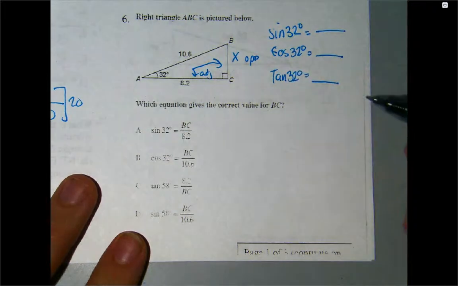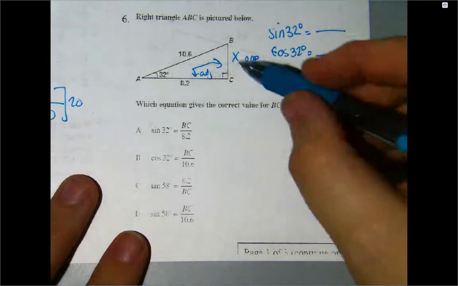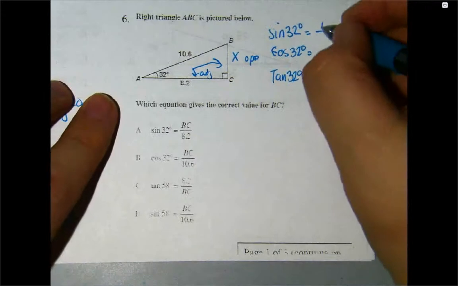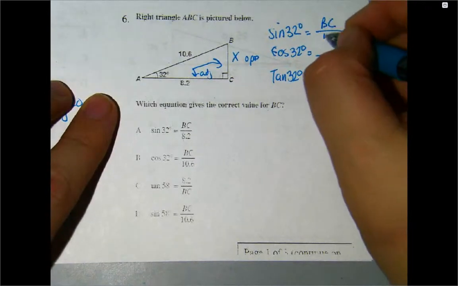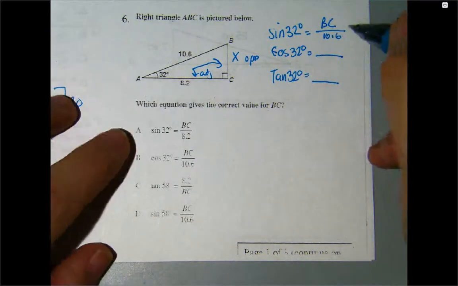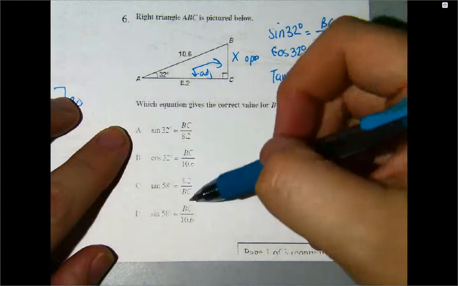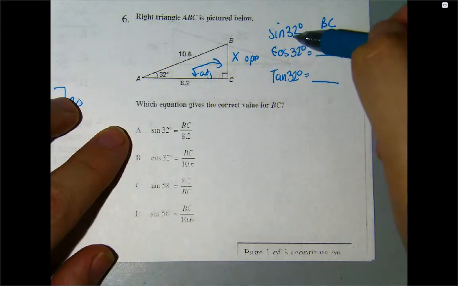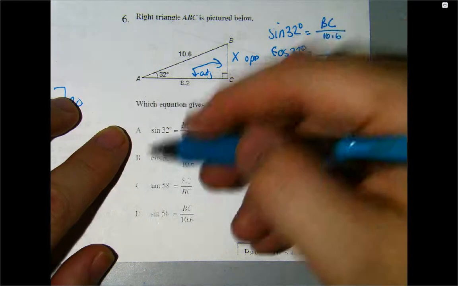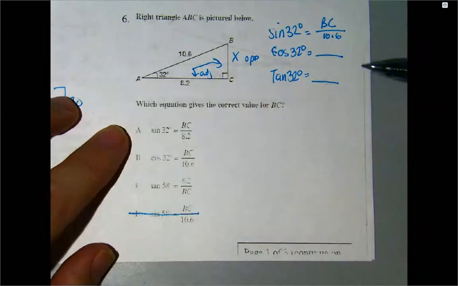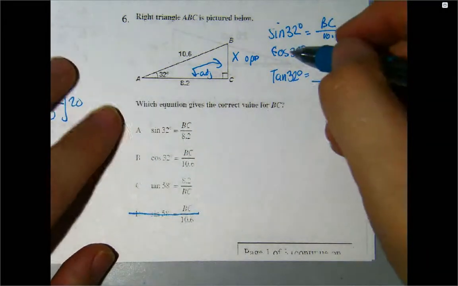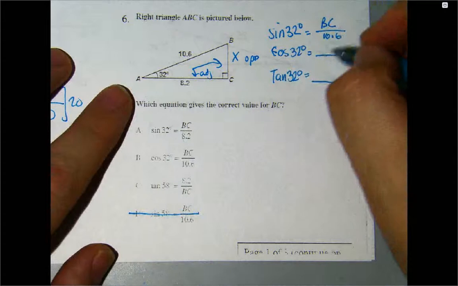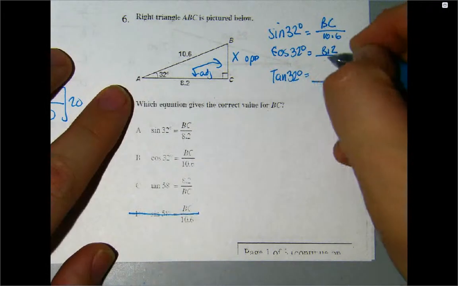Opposite is going to be BC over 10.6. So look for the sine. Is there a sine that says BC over 10.6 for the sine of 32? No, that's sine of 58, so B is gone. Now the cosine of 32 is going to be 8.2 over 10.6. Is there BC at all in there?